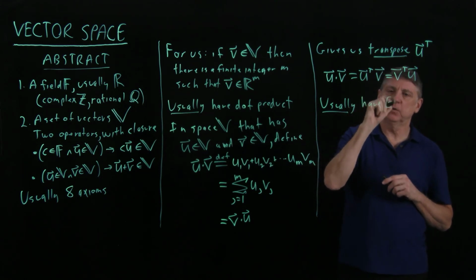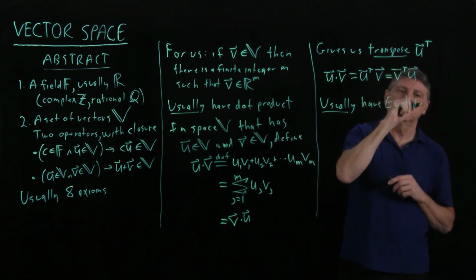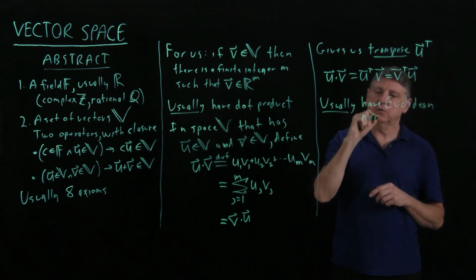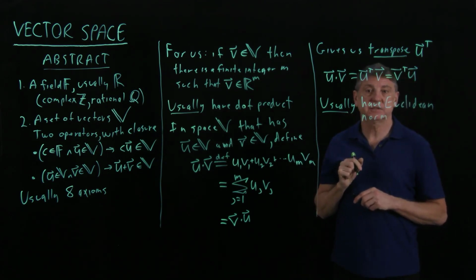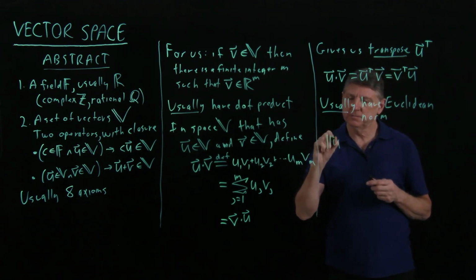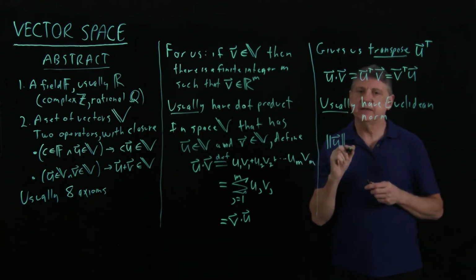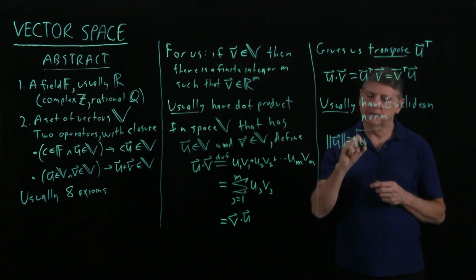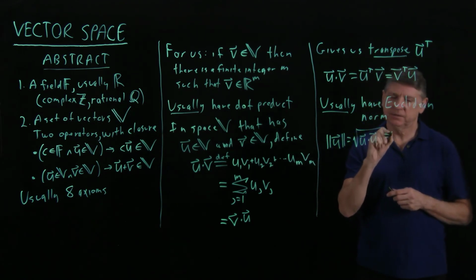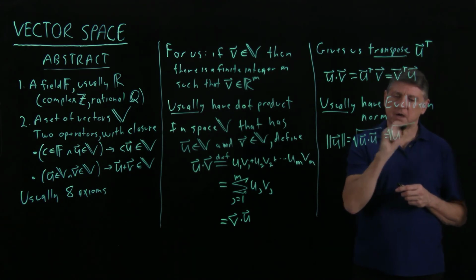We also usually, and this depends upon a lot of other mathematics, but we usually have the Euclidean norm. And the Euclidean norm is our way of saying distance or length. And we write this with double bars, and that is the square root of the dot product, which is the square root of u transpose u.